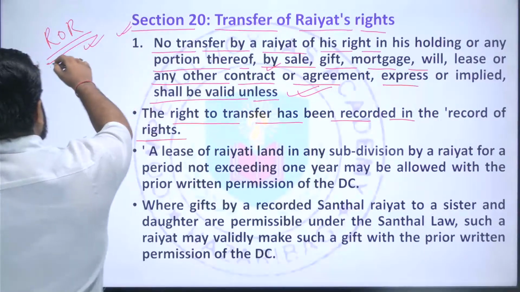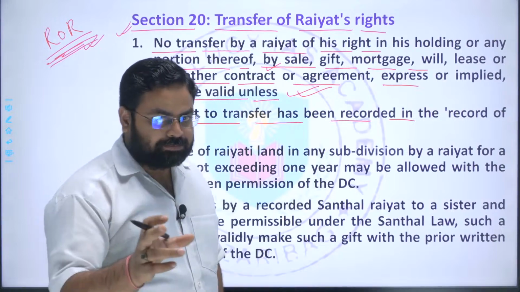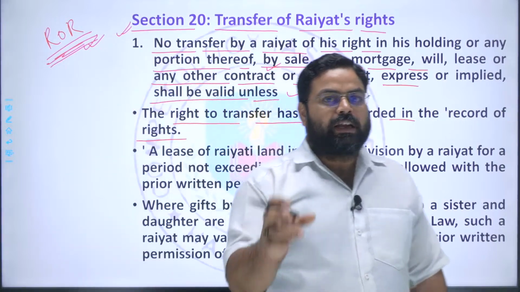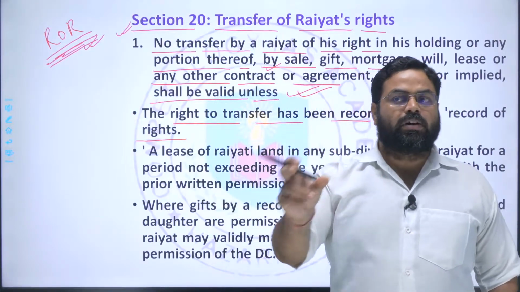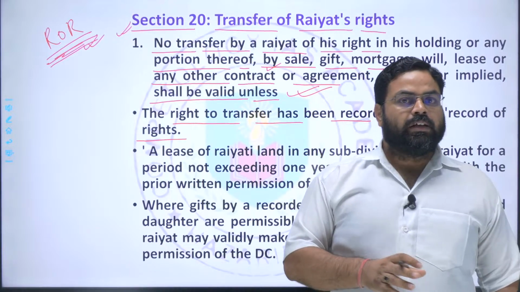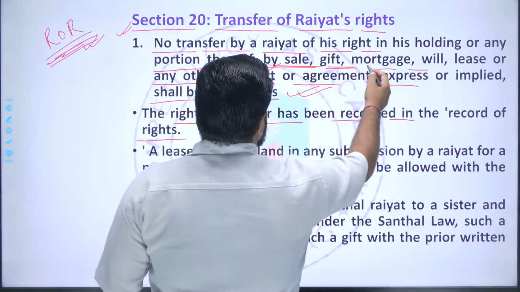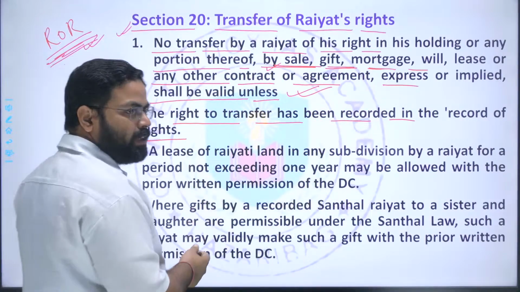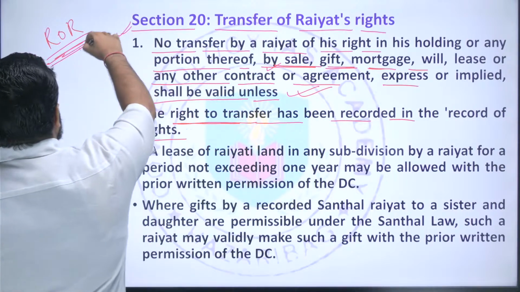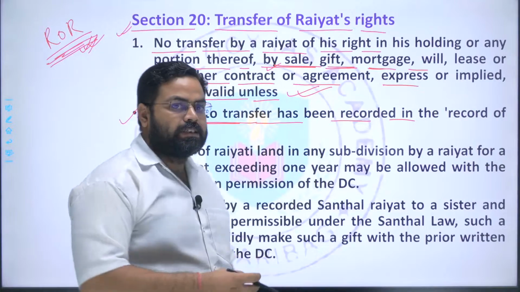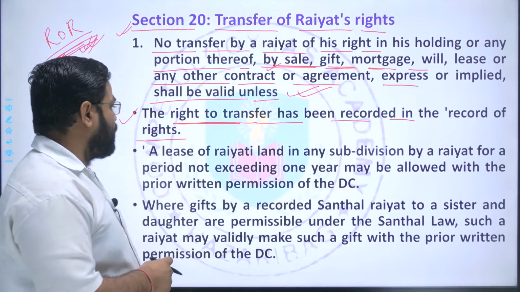Now if the record of rights had been updated, and there was a column in which it was mentioned whether the rayyat has the right to transfer his land or does not have the right to transfer his land, then he can transfer his land by any mode, by sale, gift, mortgage, will, lease, or whatever it is, only if the right to transfer is mentioned in the record of rights, updated during the compilation of the record of rights.